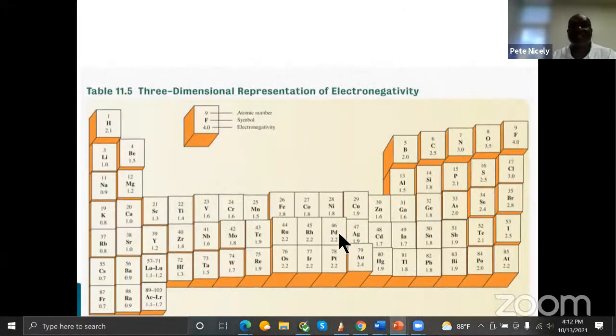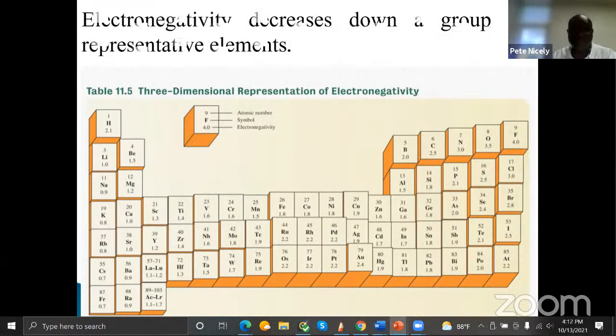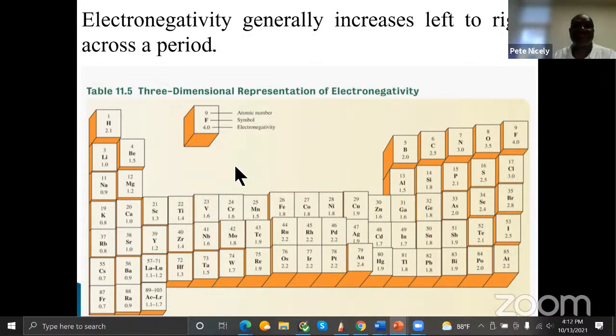Okay, so some trends that you'll notice with respect to electronegativities. What you'll find is that as you go down any group, the electronegativity will decrease for a representative element. All right, so for example, if you go down group 7A, you'll see that the electronegativity decreases. And that is true pretty much for any representative element or any elements in the representative region of the periodic table.